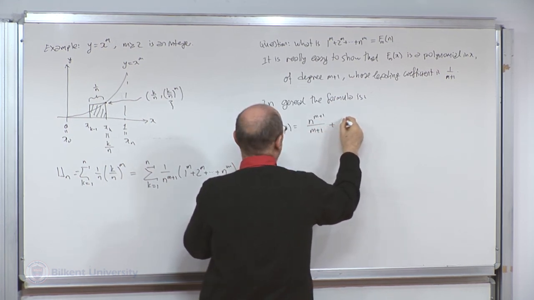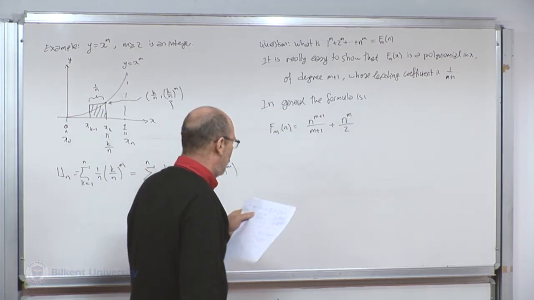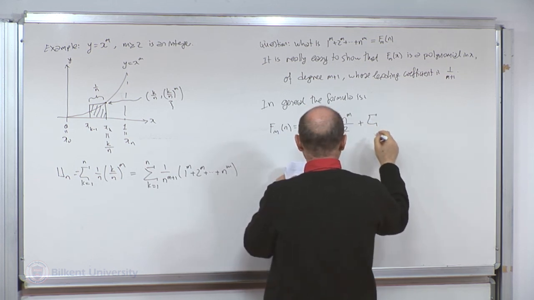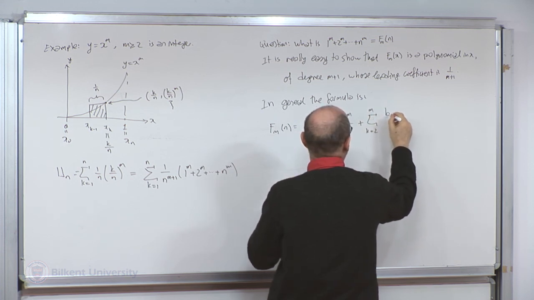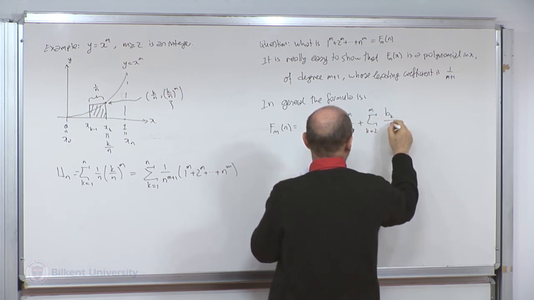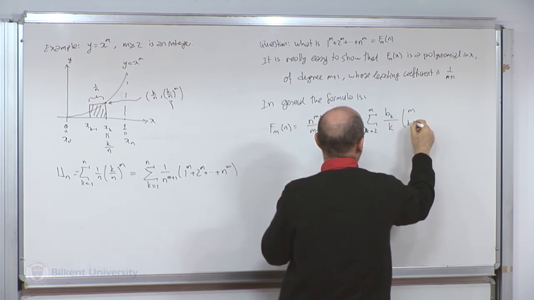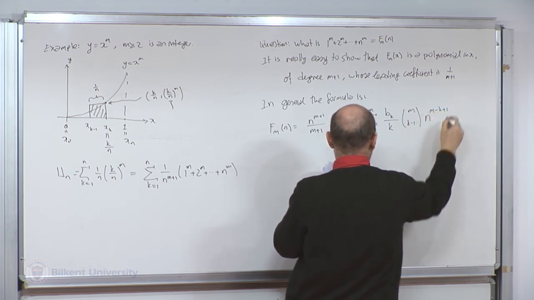I'm writing this because it is surprising that the second term always has coefficient 1 over 2, and the other ones are the mysterious ones. So k starts from 2 to m. You have these mysterious numbers called B_k divided by k, m choose k minus 1, n to the power m minus k plus 1.